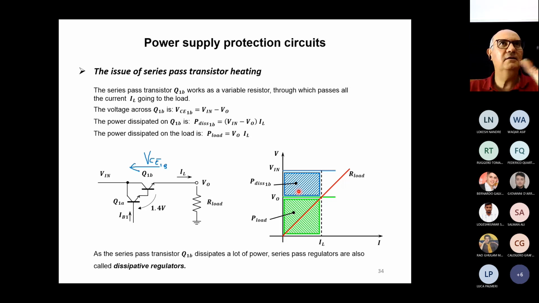When we studied the parallel voltage regulators, where the parallel voltage regulator is a simple Zener diode, when there is no load connected after the Zener diode, all the power is dissipated in the Zener. Here, instead, it works in a different way. If we increase the current taken by the load, we also increase the dissipation in the transistor.